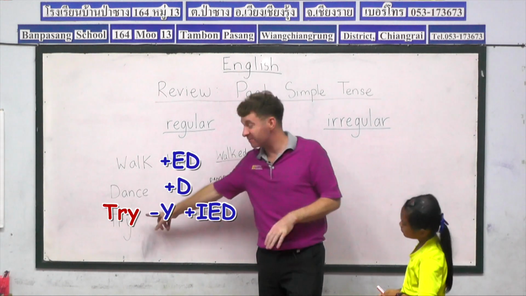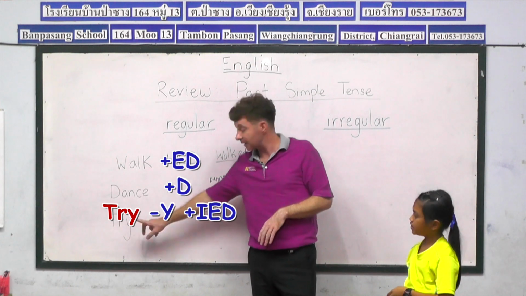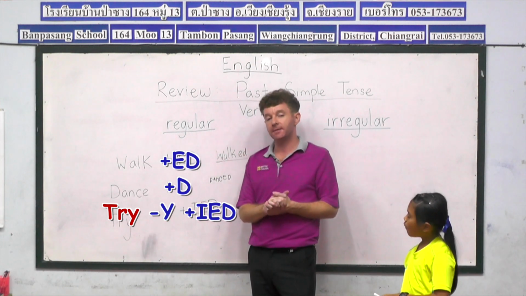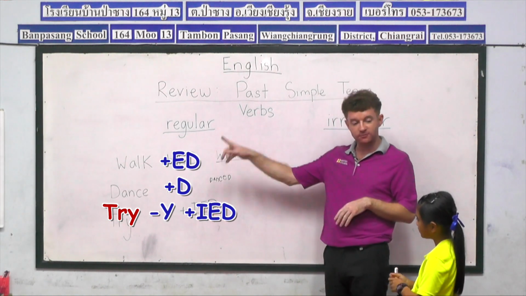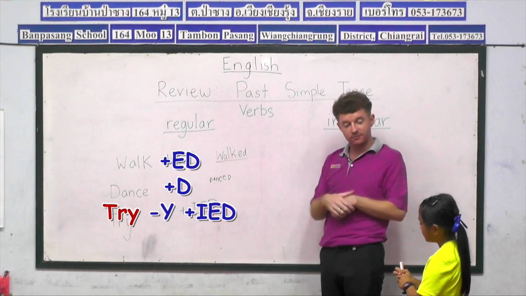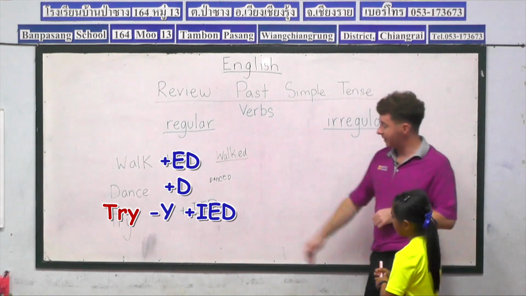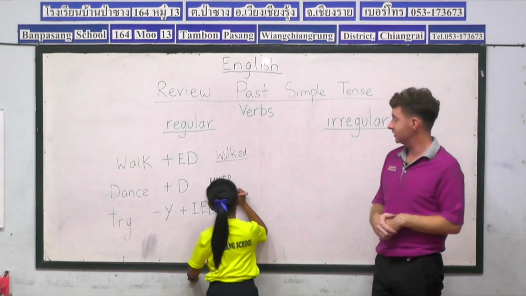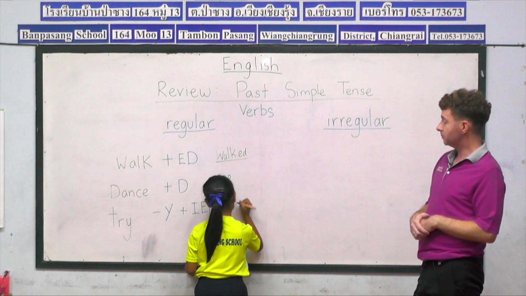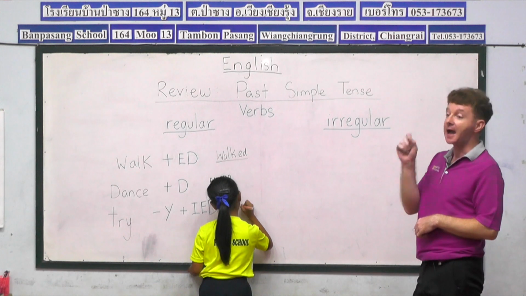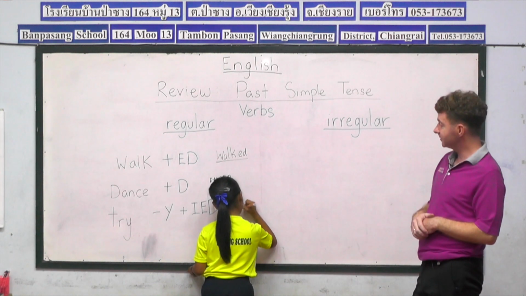What verb word have I written on the board, guys? Try. Now, what's the final letter of try? Y. So, Pak Bung, what do we need to do to change try into the past tense form? Excellent. Can you write it for me here to demonstrate? So, T, R, but then no Y, I, E, D.